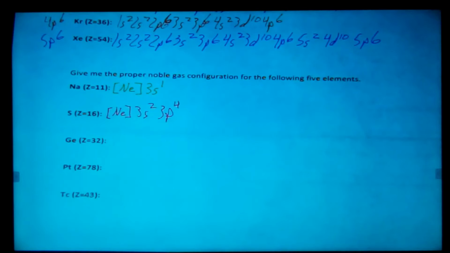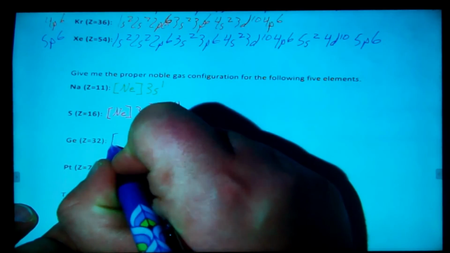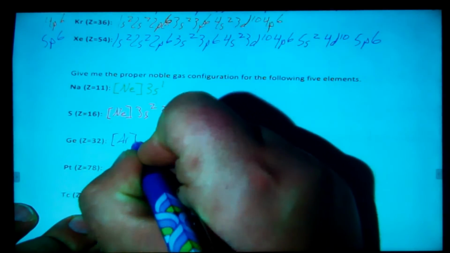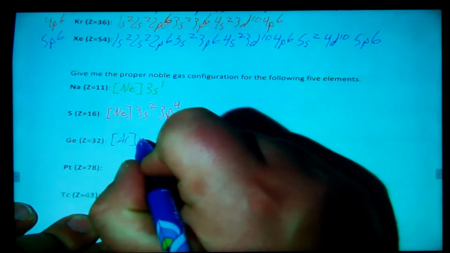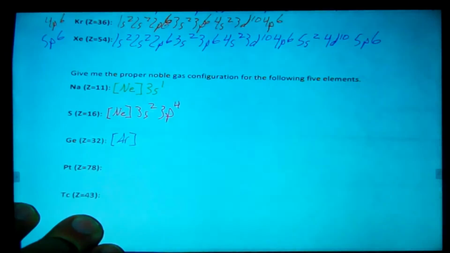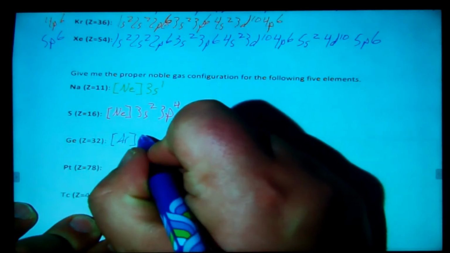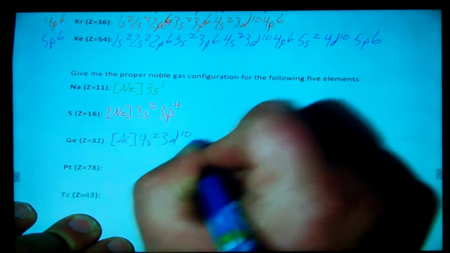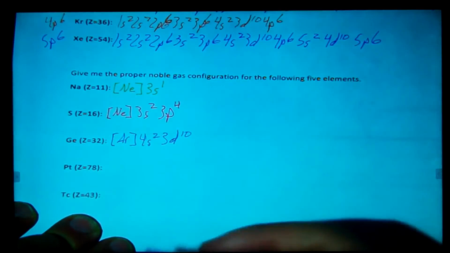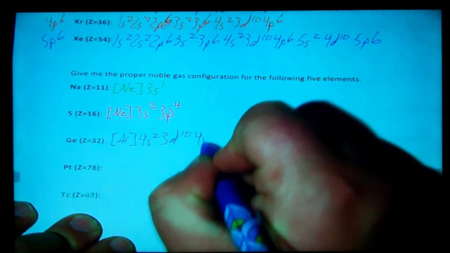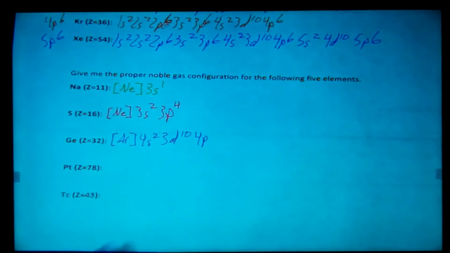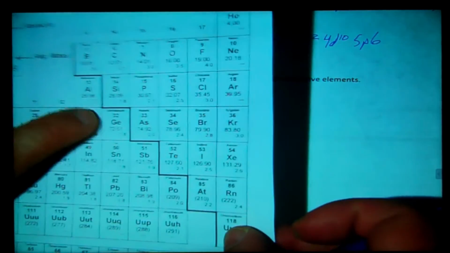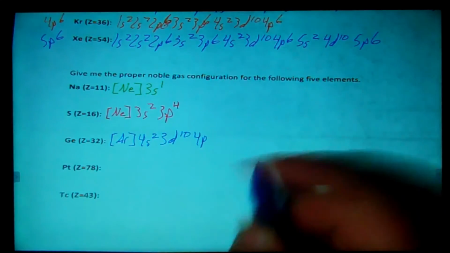Move your finger up a row, go to the end. Once you get to the end, you will see that we are going to use argon. So after argon, we now have our starting point right before potassium. So that's 4s2, 3d10, because I go all the way through the 3d, into the 4p, and germanium is 1, 2 places in, so that's 4p2.